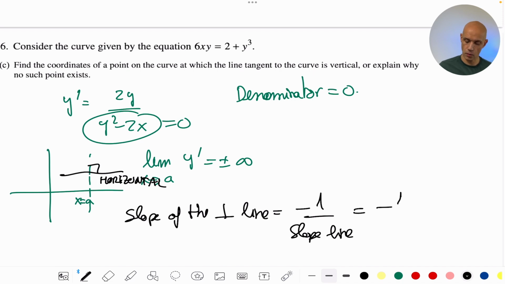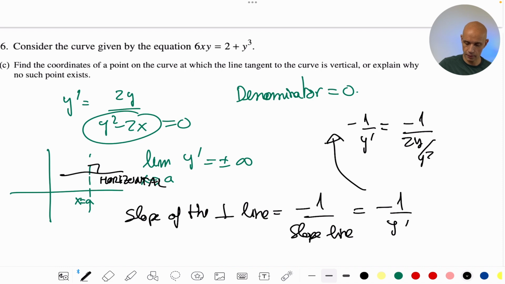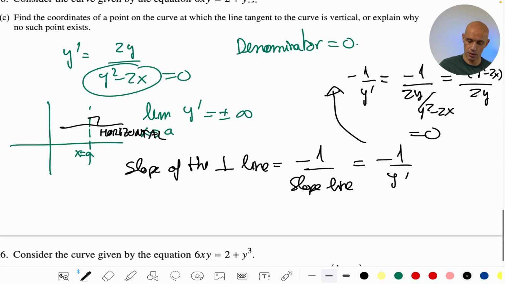So it's basically minus 1 divided by y prime. That is all to say that in the end you're going to get the denominator equal to 0, because minus 1 divided by y prime is going to be minus 1 divided by the expression over 2y, which gives you minus 2y divided by this thing here. So in the end, if you want this equal to 0, you're going to get the same conclusion: basically that this thing equals 0.